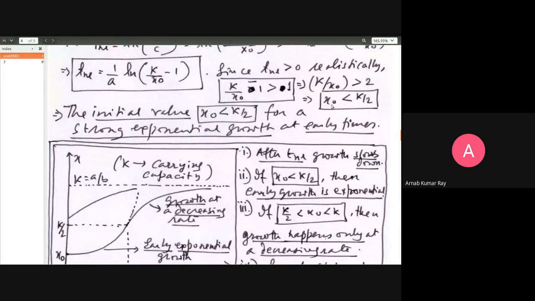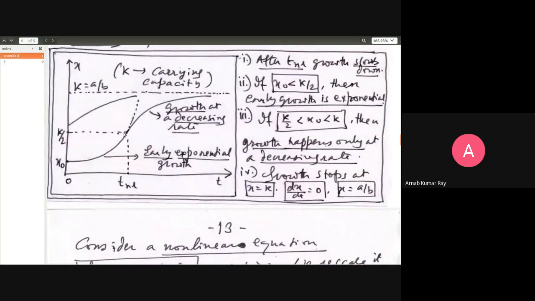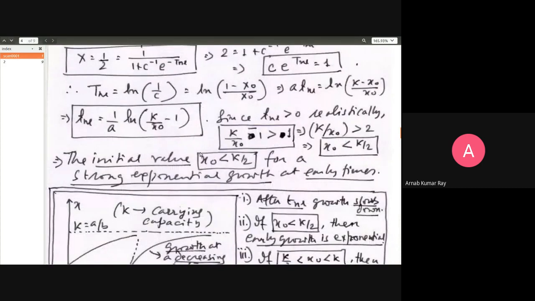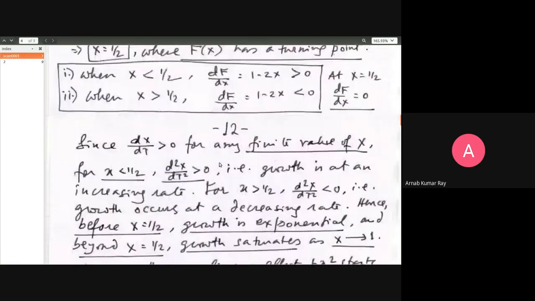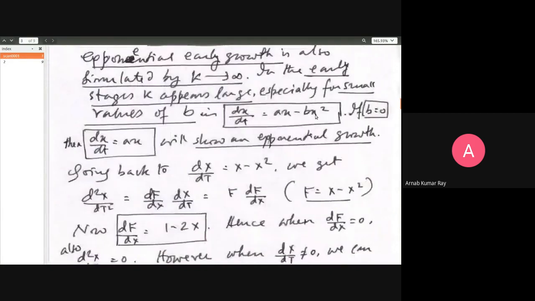I said that if x naught is less than k by 2, then you'll expect a strong early exponential growth. But suppose my initial value was here. If your initial value was here, then this nonlinear time scale business will not apply. You're starting with a large x value.